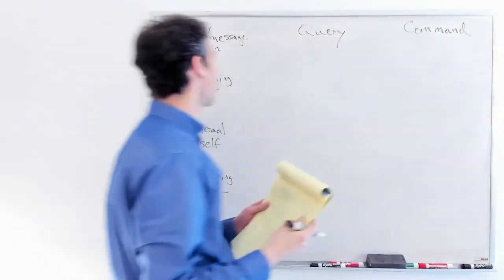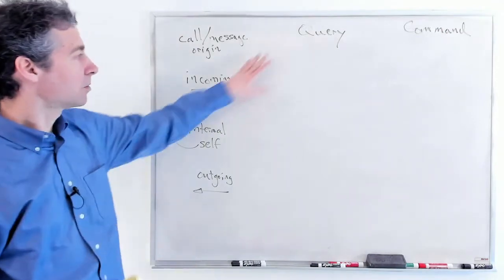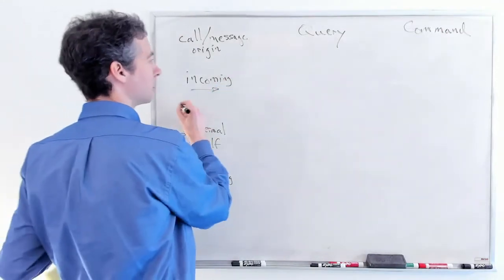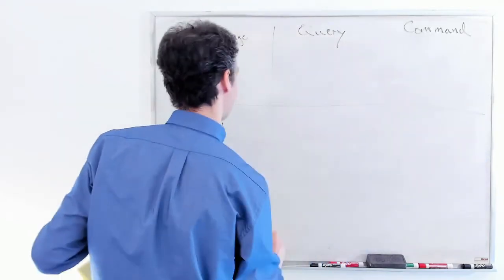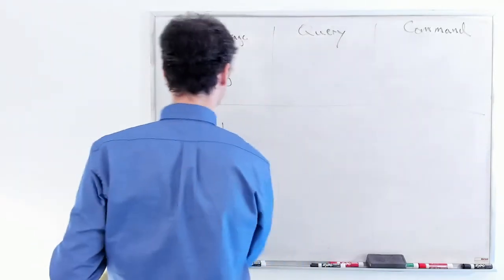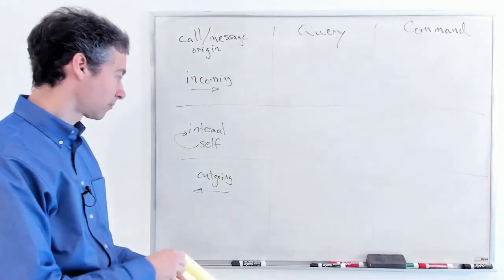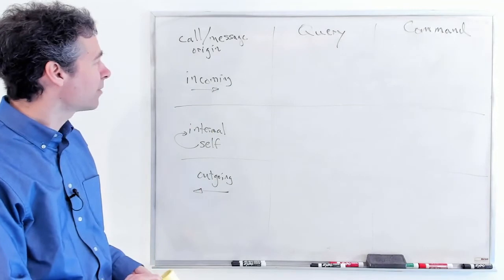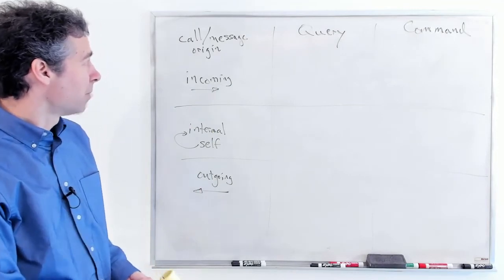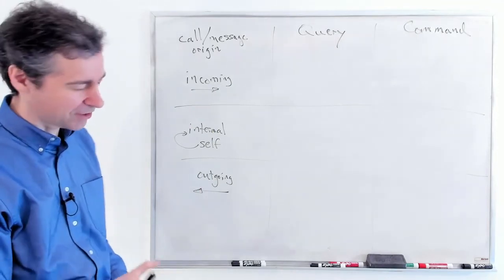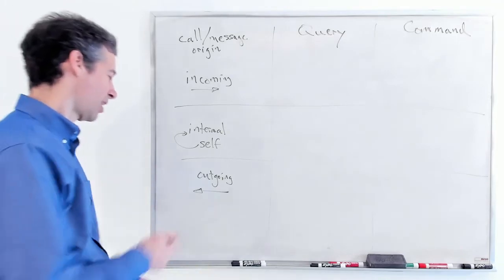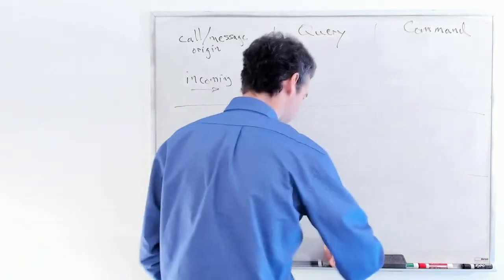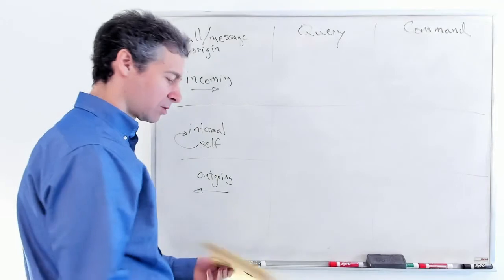All right, with the query methods and command methods, now we've got this nice sort of grid, I suppose, table that we can fill out. If we have an incoming message or incoming method call, and it's a query method that's being called, what do we do?